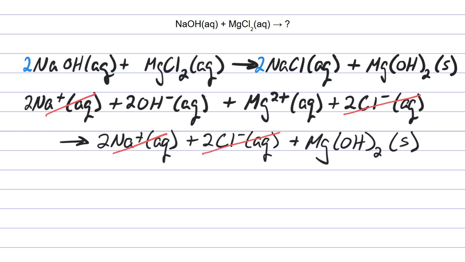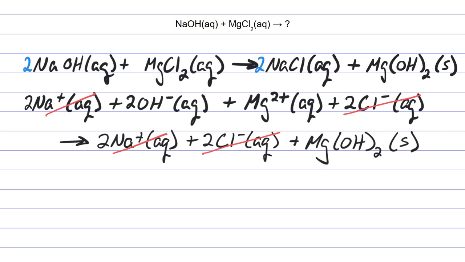And then all that's left to do is to write my net ionic equation, the equation without spectator ions. So I'm going to take what's left over, and the things that are left over are my magnesium, my hydroxide, and then my magnesium hydroxide solid on the product side. So it should already be balanced if you're doing everything correctly.